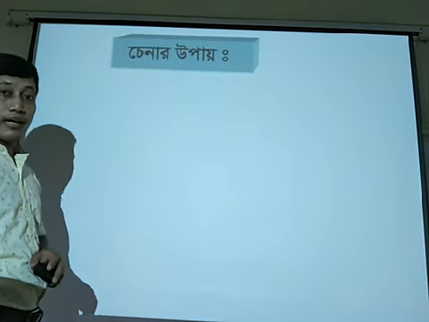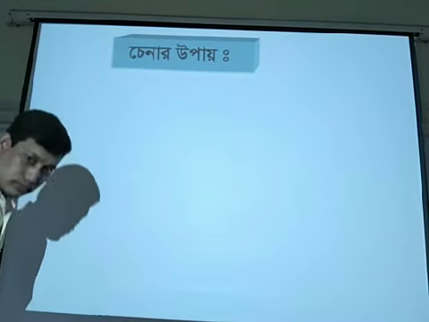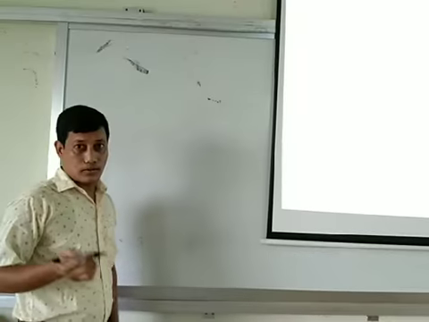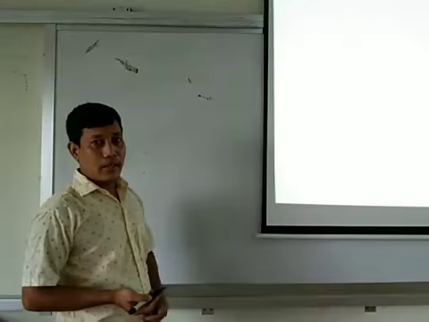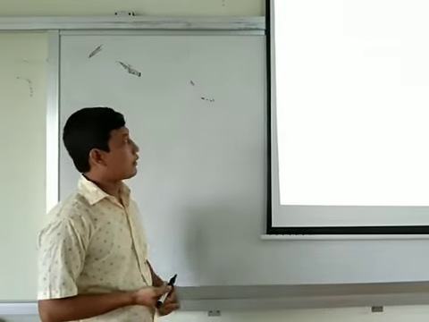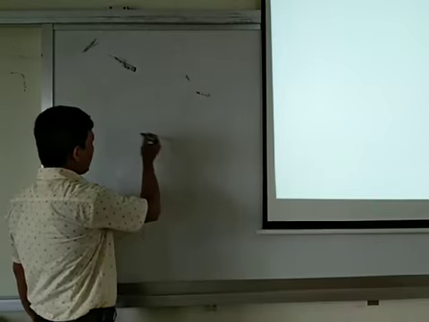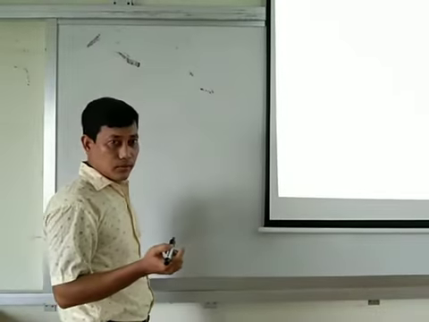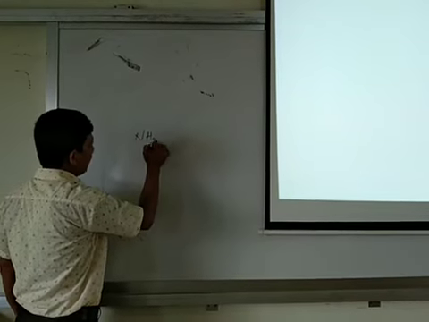Now we have to know how we can identify these groups. Dear student, how can we identify which groups are meta indicators or which groups are orthopara indicators? We have to write down the structural formula of the group, like amino, NH2.